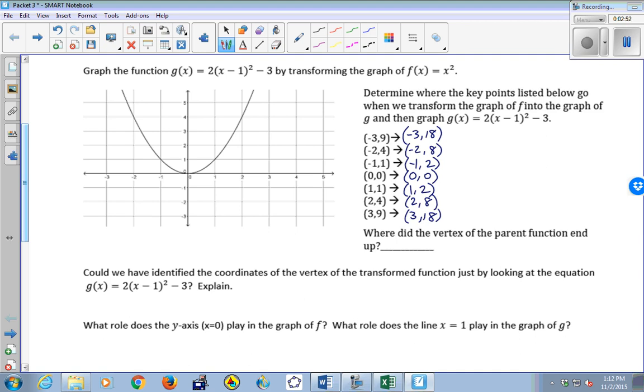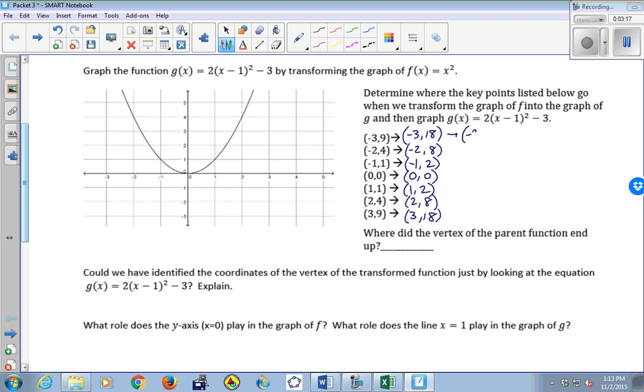All right, what does that minus 1 on the inside tell me to do? Add 1 to the x value. It says move right 1 unit because it's inside, and those are always kind of the opposite of what you think. So that's changing x because it's inside, it's affecting x. But I have to actually add 1 to each x coordinate.